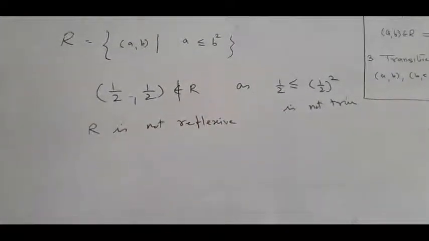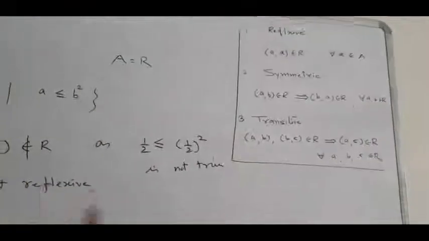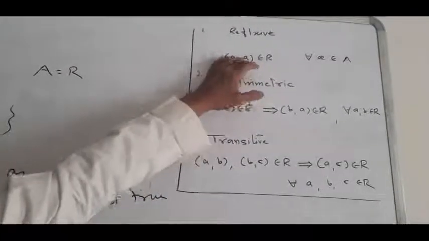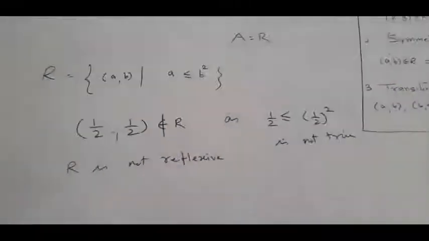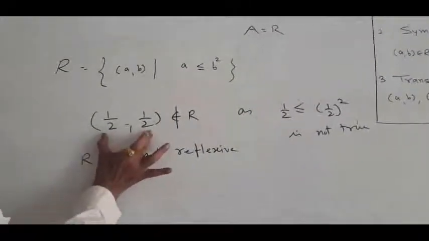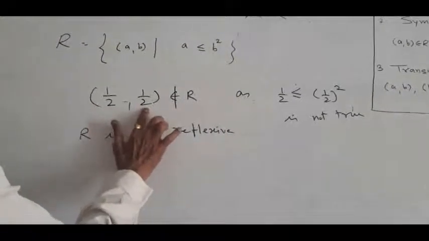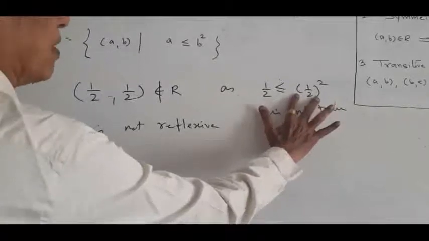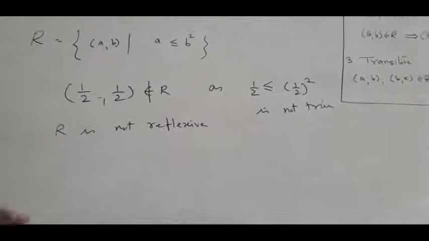To show that the relation is not reflexive, we can find at least one ordered pair which is not in the relation R. We have to find at least one ordered pair, and we know that here a is 1 by 2, b is 1 by 2, and 1 by 2 is not less than or equal to b square. b square means 1 by 2 square, right? Therefore, this relation is not reflexive.